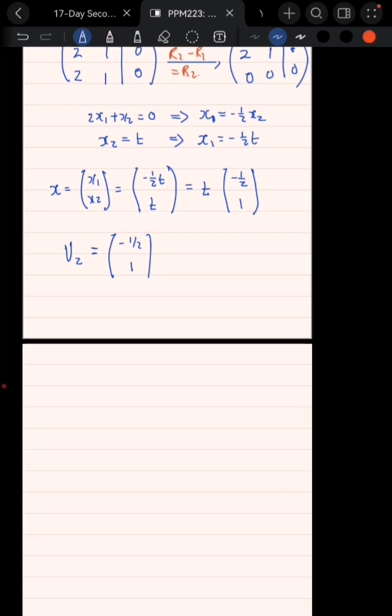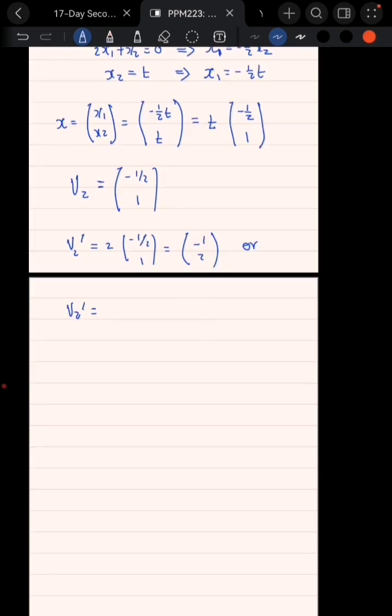We can express this eigenvector in a simpler form by multiplying it by a non-zero scalar to get rid of the fractions. v2 prime is equal to 2 multiplied by (minus 1 over 2, 1), or you may multiply by a non-zero scalar minus 2 times (minus 1 over 2, 1), which is then equal to positive 1 and minus 2.